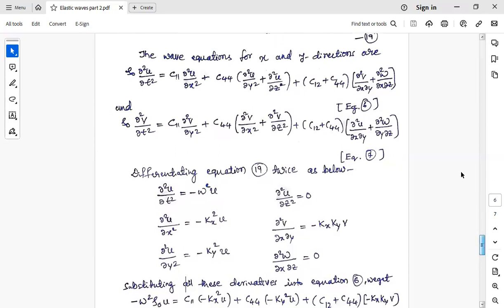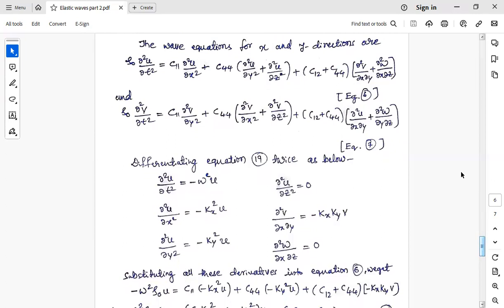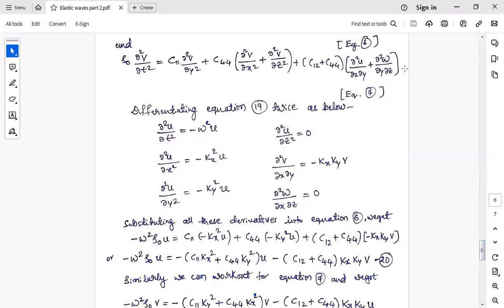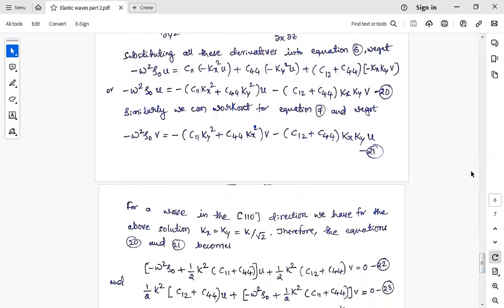That is why its component will be in the xy direction, so that is what we are working out. Similarly, you get this kind of derivatives and substitute into equation 7, and after simplification, just like equation 20 that we obtained for the x direction, we obtain this for the y direction.